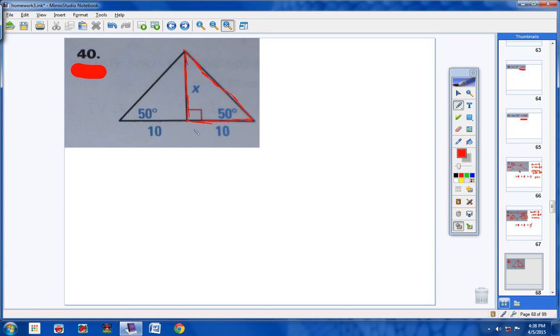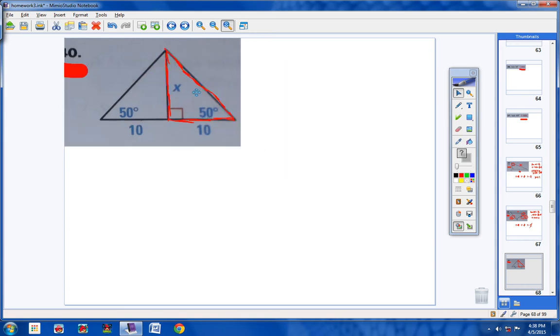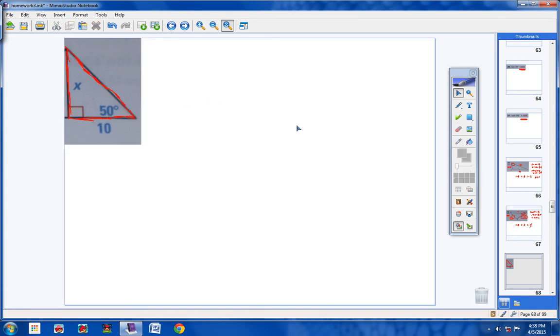So forget the rest of this thing. There's a right triangle, okay? Now, circle this angle. Go straight across. This is your opposite side. Here's your 90. Go straight across. This is your hypotenuse. And this is your adjacent down here.